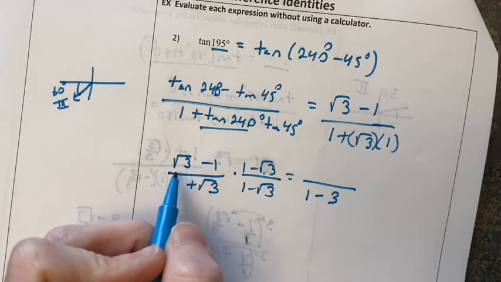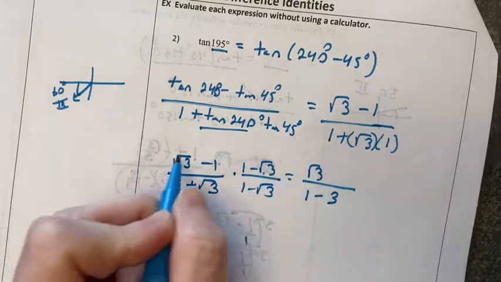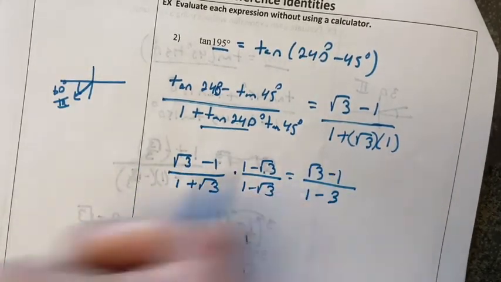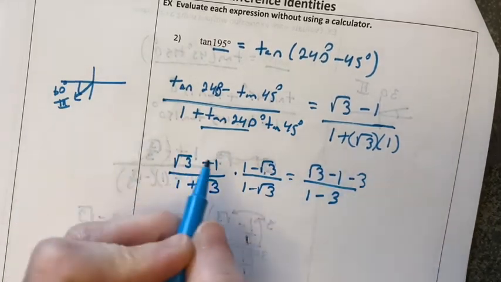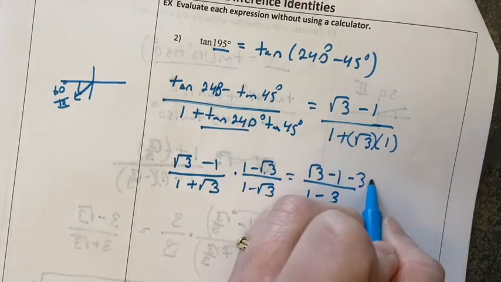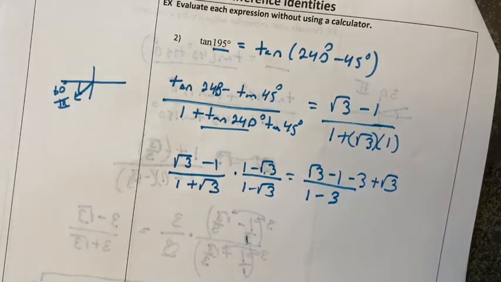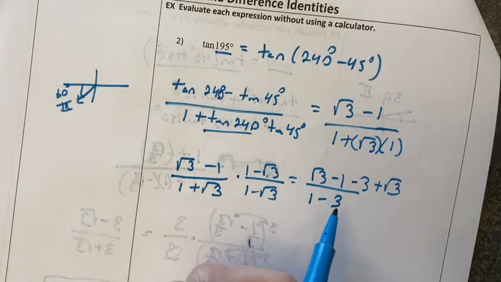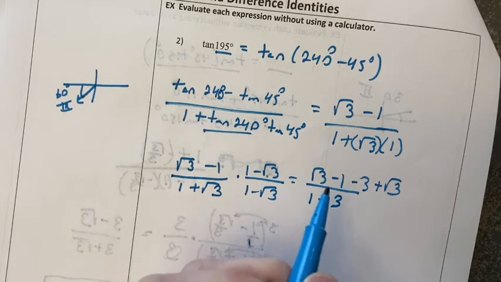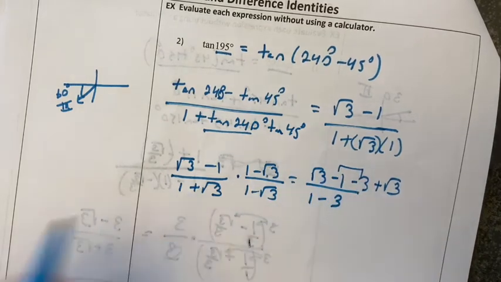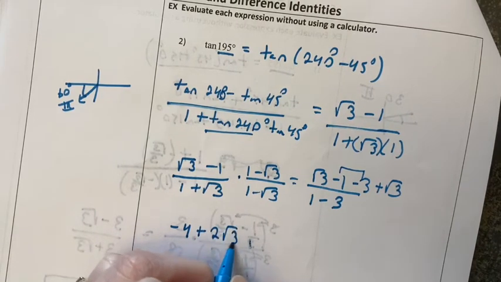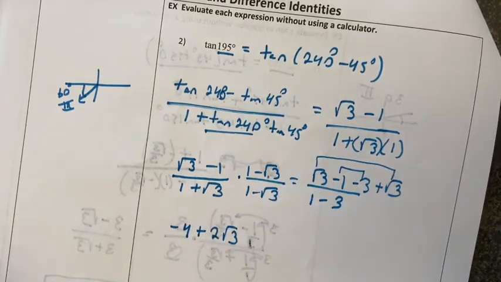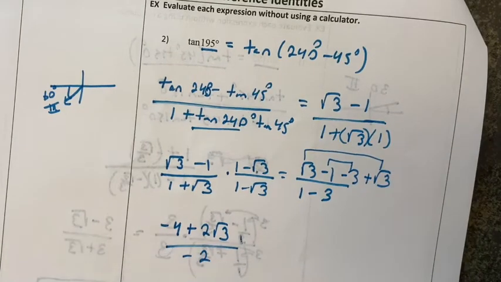And then up here, let's see, I have square root of 3, I have minus 1 right there, I have minus 3, and then plus square root of 3. So it should look something like that. Okay, so that's minus 4, plus 2 square root of 3, I'm just combining my terms, and then over negative 2.